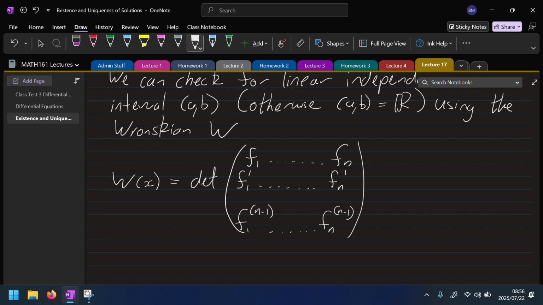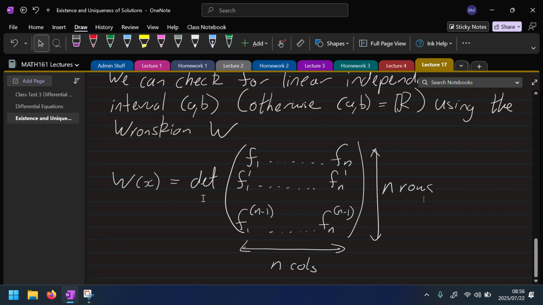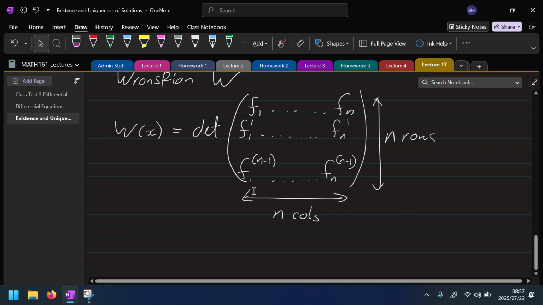Going down, we have n rows, one for each derivative, from the 0th derivative, which is just the function, down to the n-1 derivative. So in total, n columns and n rows. Once we have the square matrix, we take the determinant, and that will give us our function W.